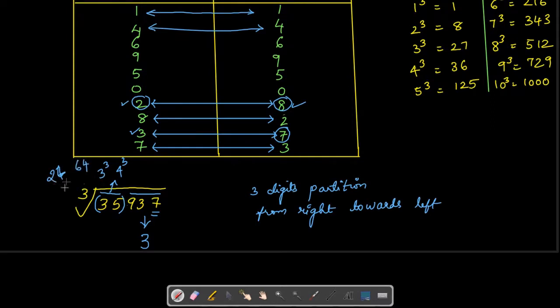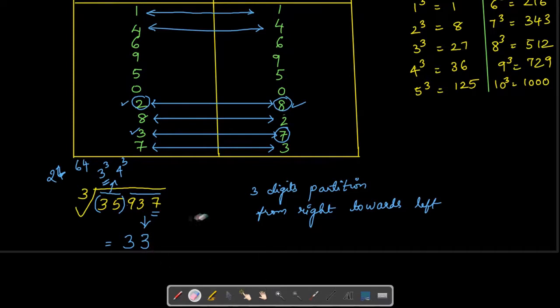So the value lies in between 3 cube and 4 cube, and we will always consider the lower value. So the lower value is 3. So this is my answer. I can say that 33 whole cube will be equal to 35,937, or the cube root of 35,937 would be 33. Right.